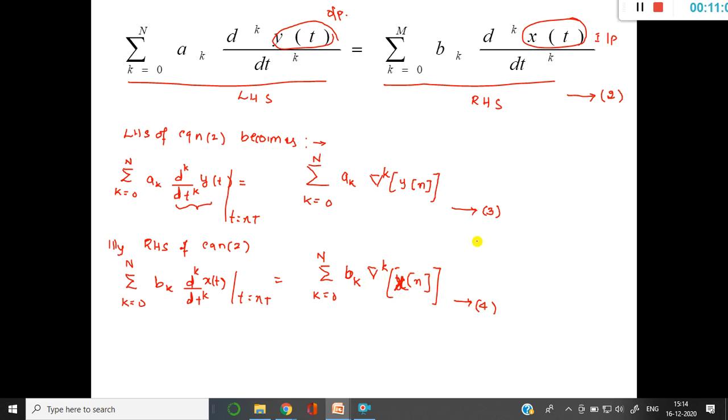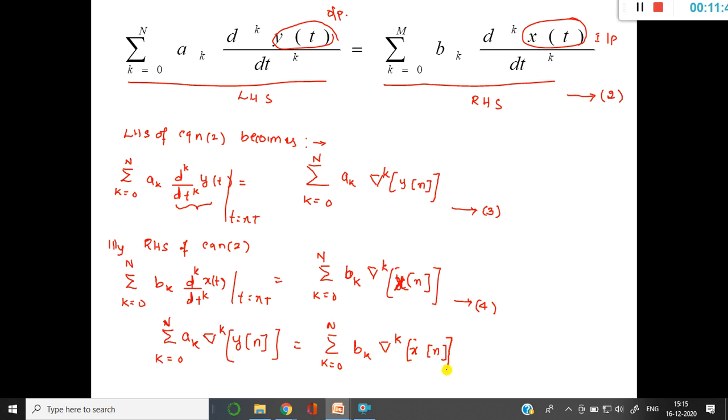If I combine equation 4 with respect to LHS and RHS, I can write the equation in this form: summation a k, inverse delta of k, y of n, is equal to the summation k runs from 0 to N, b k, inverse delta of k, that is backward difference, that's why we write it as inverse delta, x of n.